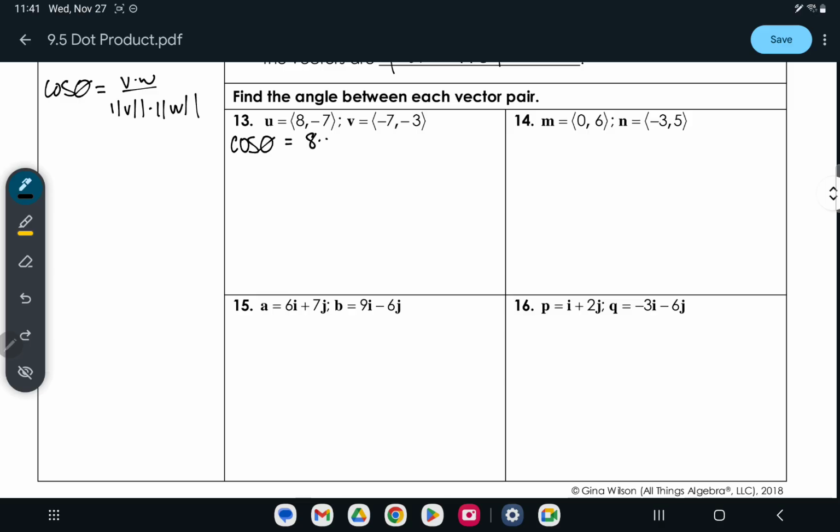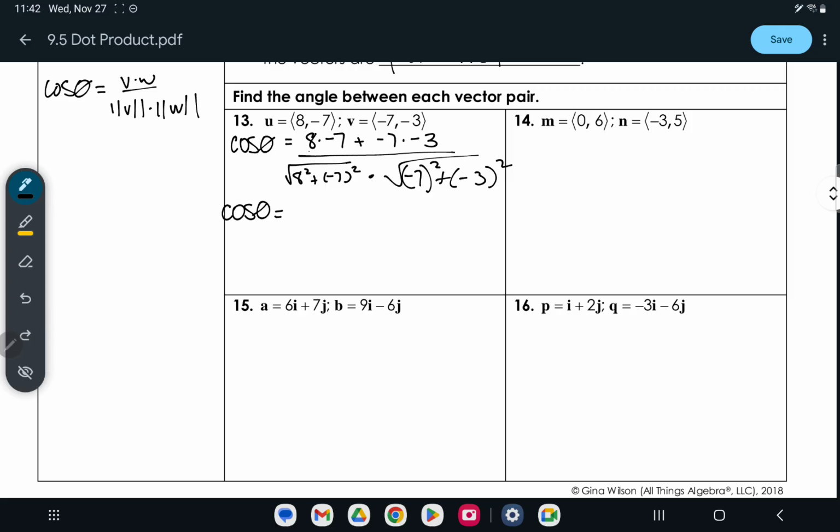So that is 8 times negative 7 plus negative 7 times negative 3 all over the magnitudes. So for the first one, that is going to be 8 squared plus negative 7 squared. I don't know why I put plus, because that is multiplying. And the other one is negative 7 squared plus negative 3 squared.